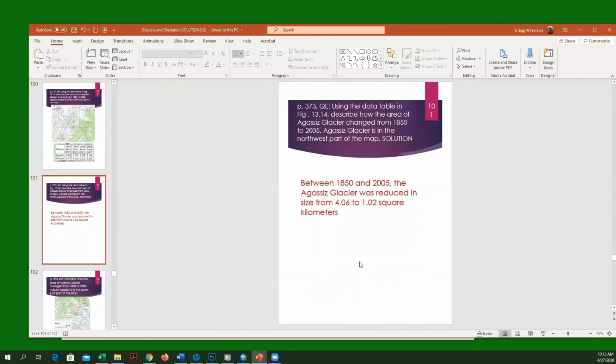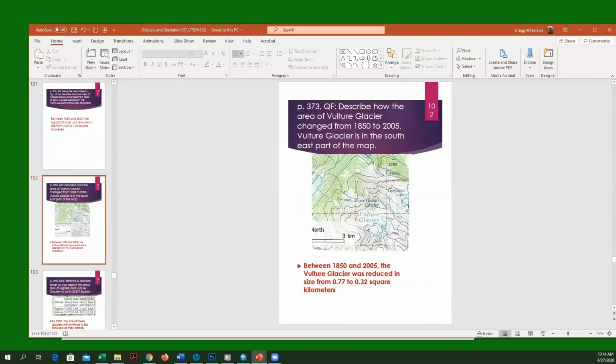This one is about a 75% decrease. Okay, these are on the same map. They're within a few miles of each other. One decreased by 75%, the other one decreased by 50%. Why are they not the same?